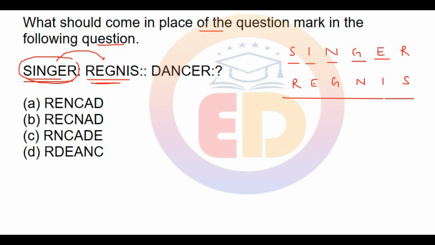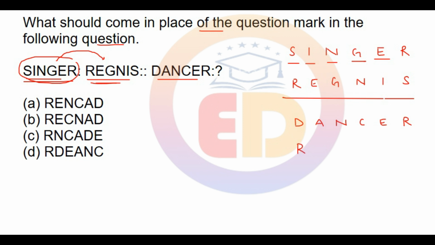Similarly, they are asking what is the relationship of dancer like this. So dancer is D-A-N-C-E-R. Let us write down the letters of dancer in reverse order.